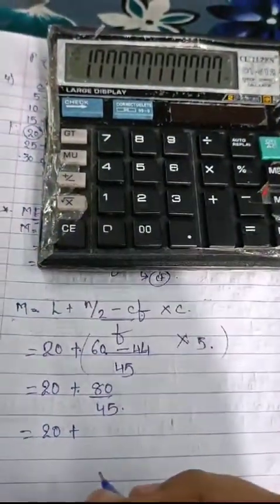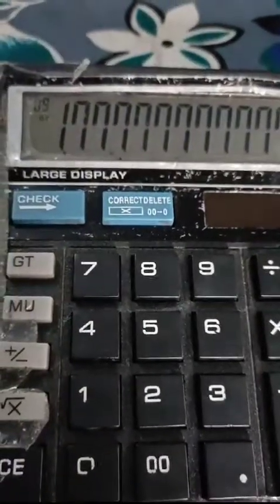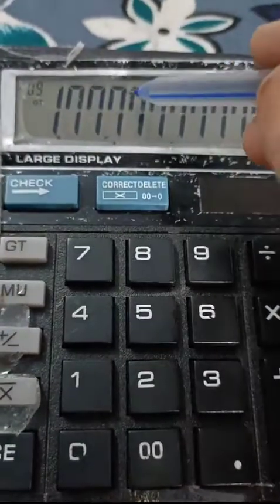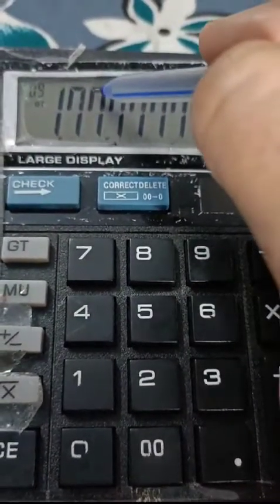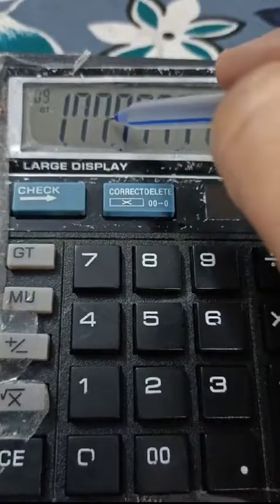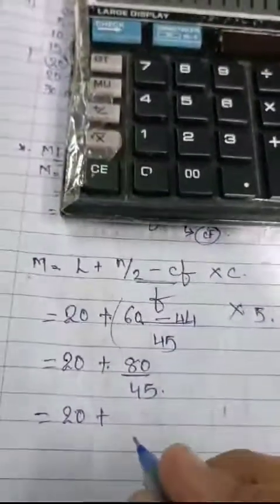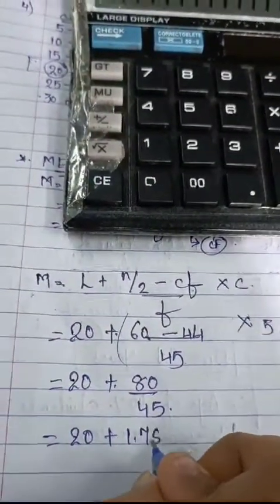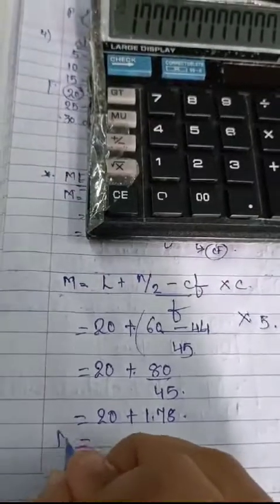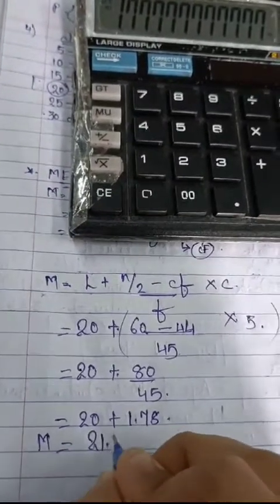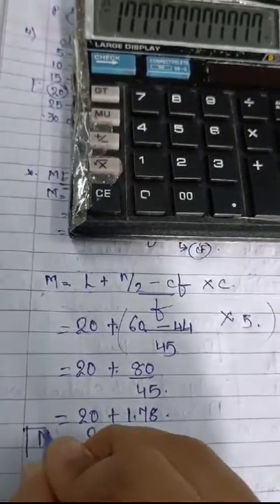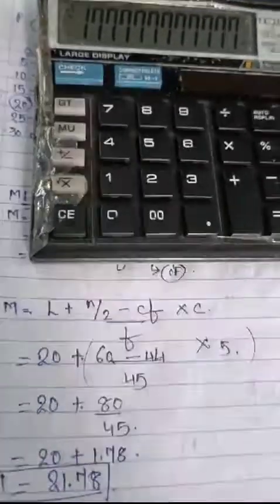So what is it? 1.78. More than 5 after the point, we have to take 2 digits only, so 7, and this one will be converted into 8. So here 1.78. So the value of median is what? 21.78.